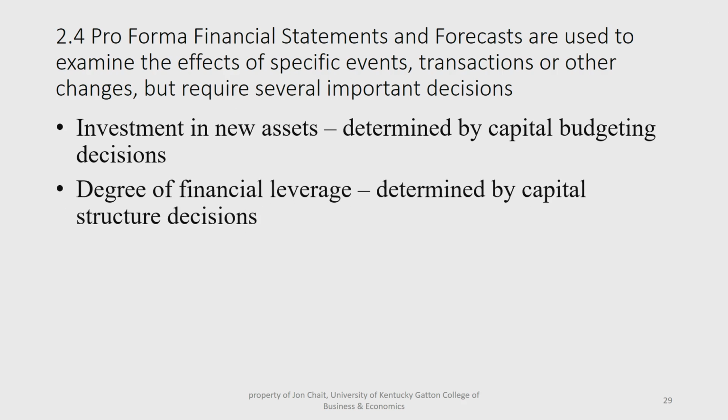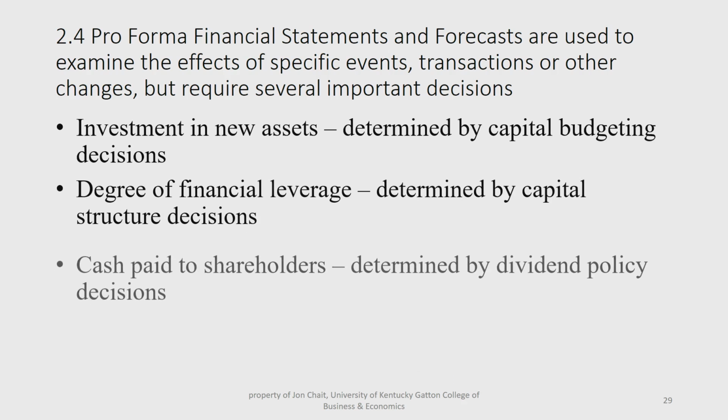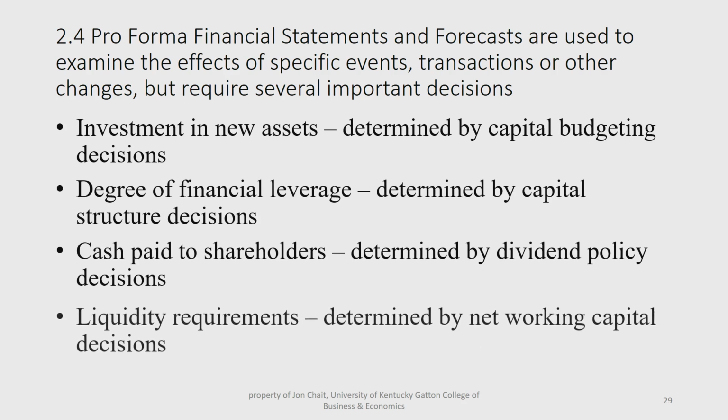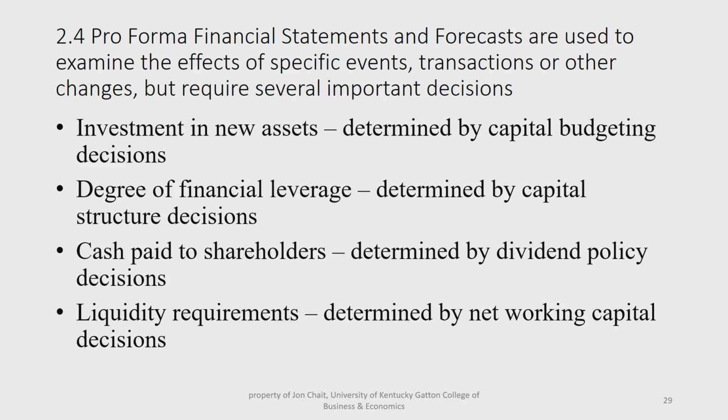So we do this to look at investments in assets, we look at leverage, we look at dividend policy, and we look at liquidity requirements. All of those would be things that we would examine through a set of pro forma financial statements. Frequently, we start off with very simple assumptions, as I showed you before, just changing sales, keeping everything else the same.